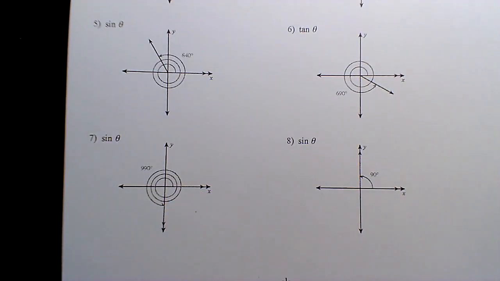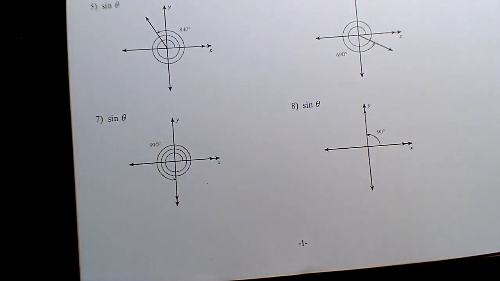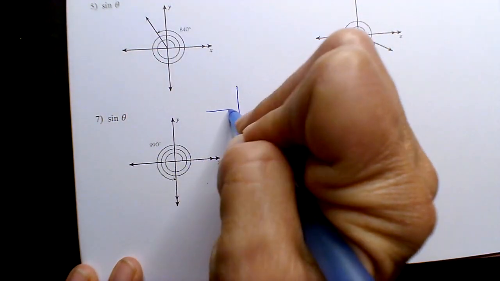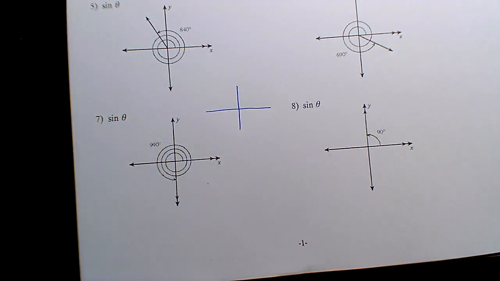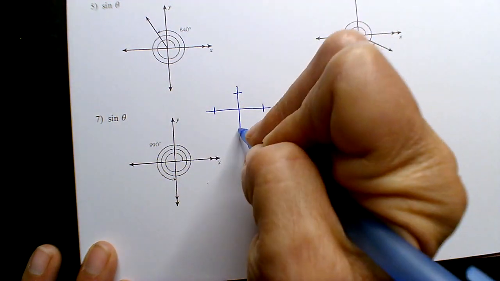Quadrantal angles. It's an angle that sits on the quadrant. A unit circle is called a unit because it's one unit. So unit being 1, 1, 1, 1.